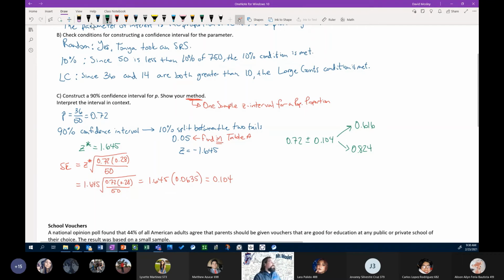Right, so we get this interval, 0.616 to 0.824.